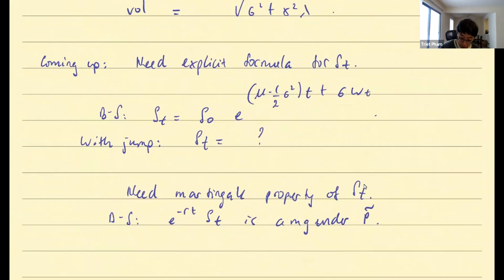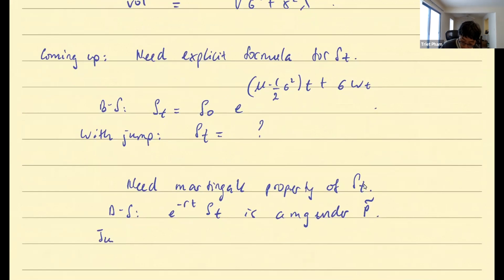With the jump, I have to say that this is golden, meaning I cannot change this. The discounted stock price is always a martingale. Why? Because that's how we observe the stock price: the fair price of a share in the future is the price today. So this is a golden statement that cannot be changed. It's independent of the model. So we still need this.